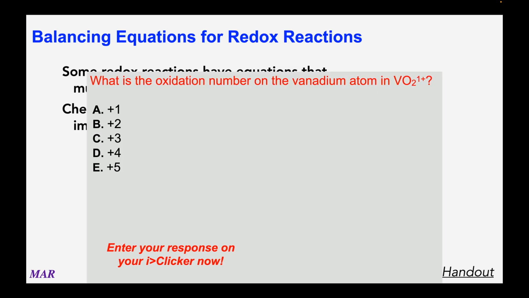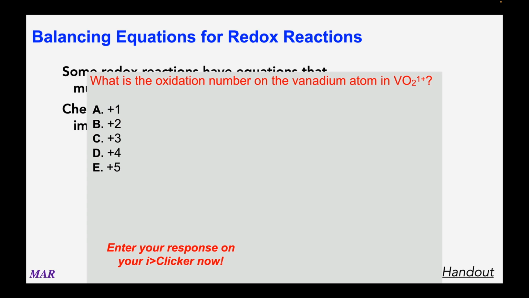In this question, we want to know the oxidation number of the vanadium ion in VO2+. So that's a vanadium, that's 2 oxygens, and overall a +1 charge. And you can see the possible charges right there. Well, to answer this one, in Chem 221, we talked about how the sum of the oxidation numbers equals the charge on the ion if there is one.